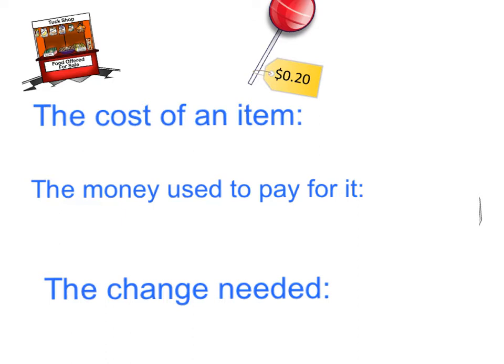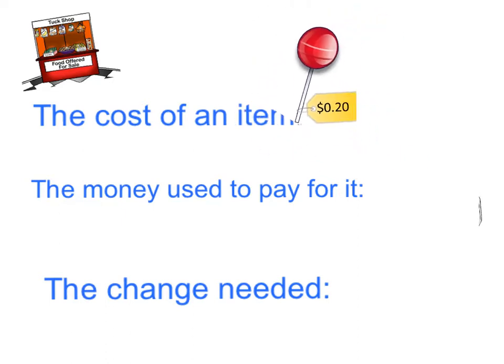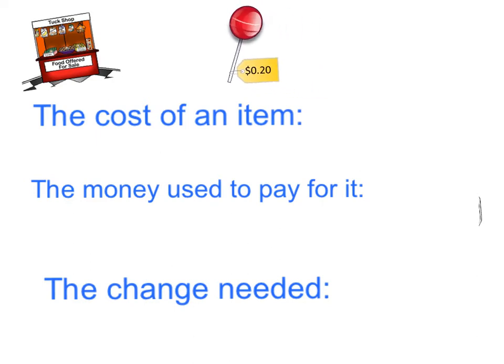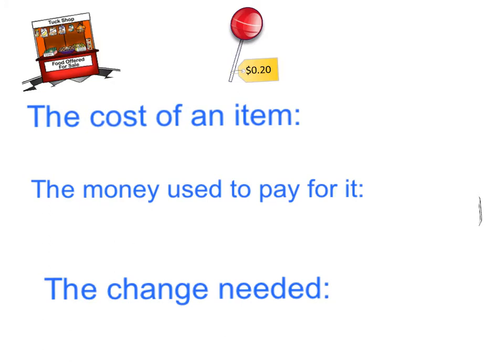Alright, so let's have a look at this first problem. I'm going to pretend that we're going to the tuck shop and we want to buy this lollipop for 20 cents. So here we can see the cost of the item is going to be 20 cents. That's how much that lollipop costs.